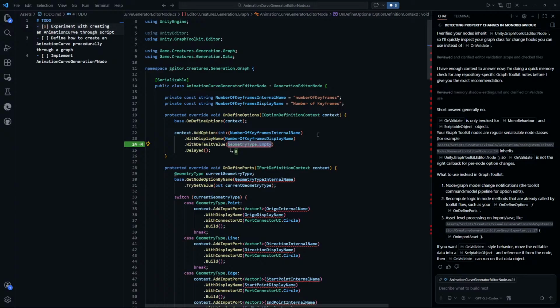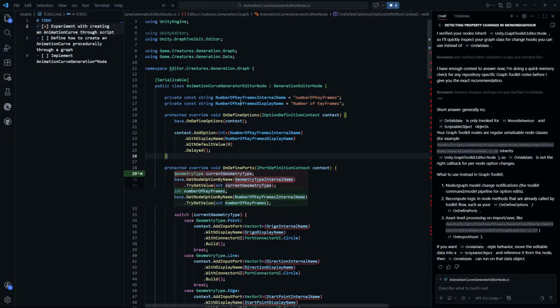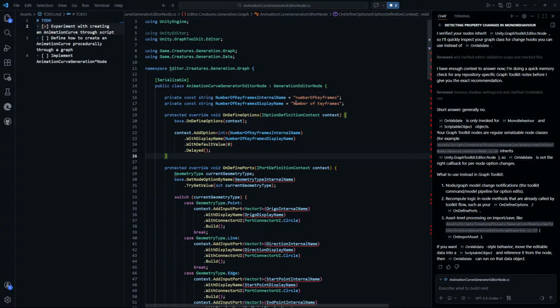With default value 0, because we're going to change this one. I want to say number of intermediate keyframes. Let's name it this.